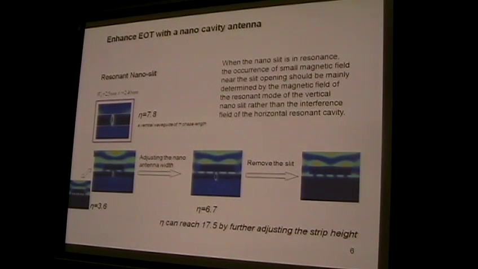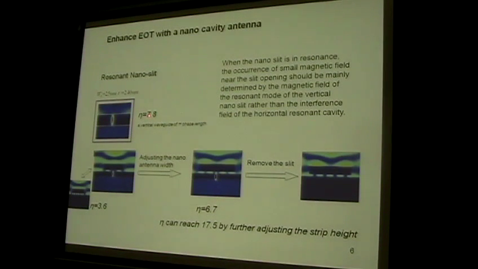So now if we look at the resonant case, when this slit which forms the Fabry-Perot cavity is in resonance, you adjust the thickness of this thin film so that they form a resonance in this slit, a Fabry-Perot resonance.